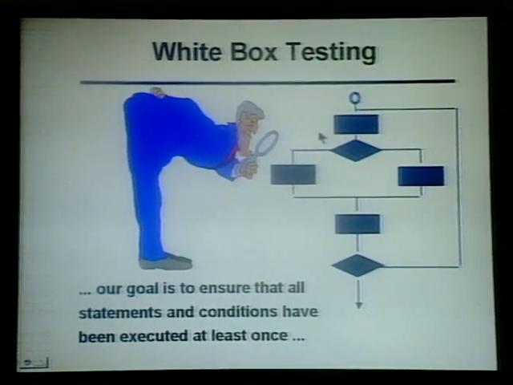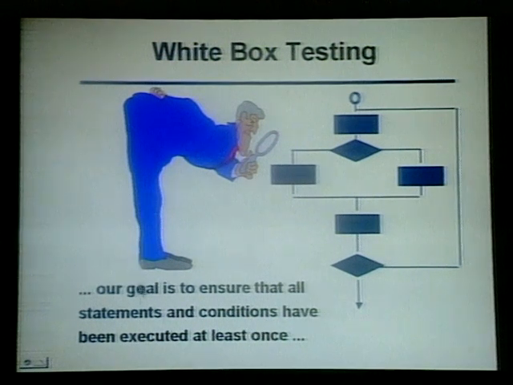Dear students, there are two complementary approaches that are used for dynamic testing. They are generally known as Whitebox testing and Blackbox testing. We'll touch upon both of these techniques very briefly. In Whitebox testing, we basically test the code.